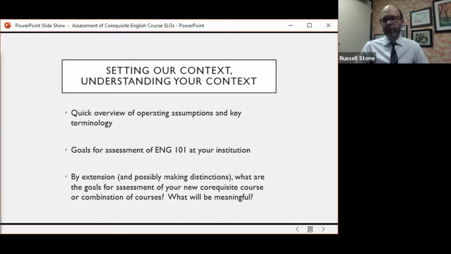A lot of us these days, I'm sure a lot of you on this call, are paying particular attention to at-risk populations. And so in student success assessments, meaningful is often framed in terms of addressing potential equity gaps at the institutional level. But in student learning assessment that we're focusing on today, you might have multiple levels that help us define what meaningful is and help us establish goals.